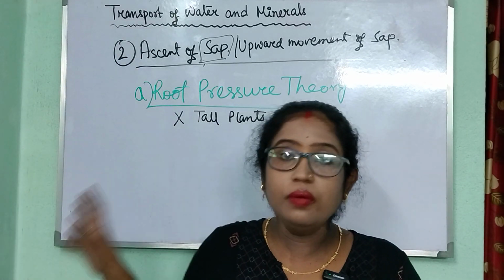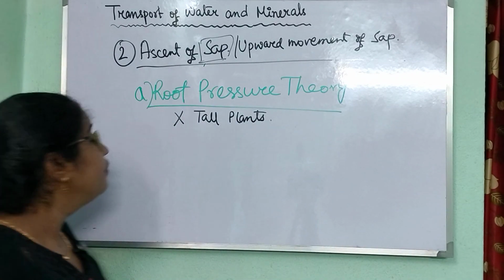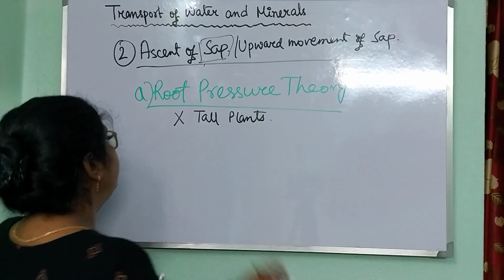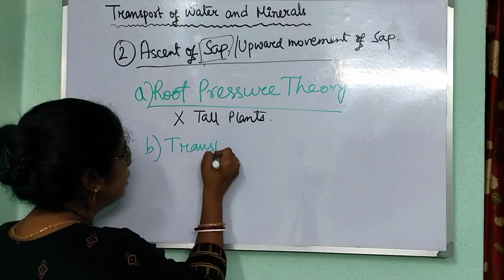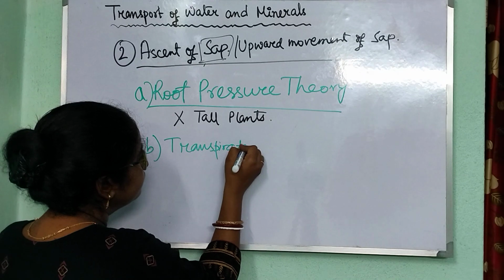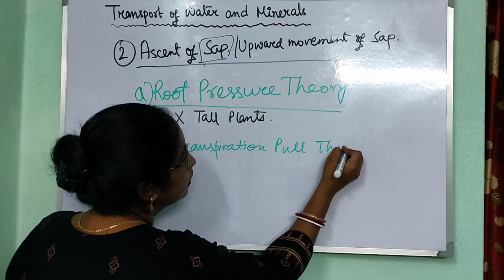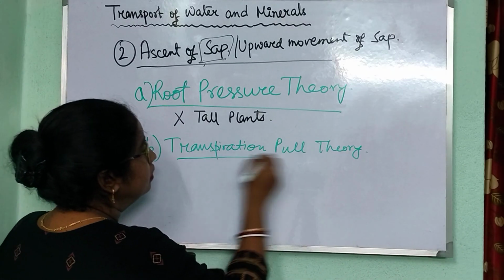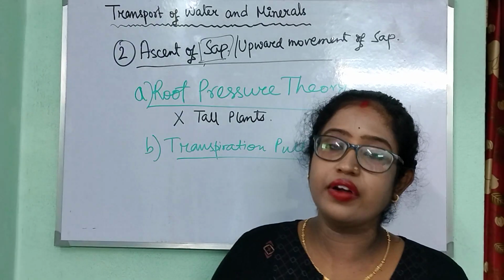So for tall plants there is another theory, that is known as transpiration pull theory. So the second theory is the transpiration pull theory. So what is transpiration pull theory?